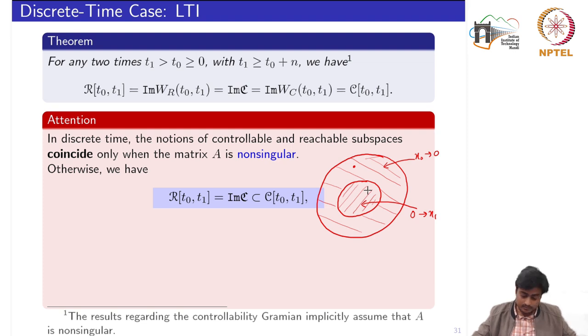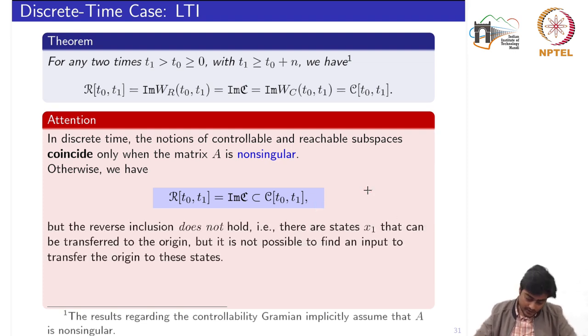This is the geometrical meaning. The reverse inclusion does not hold, because if it did, we would have the equal sign, as in the main result. So there are states x1 that can be transferred to the origin, but it is not possible to find an input to transfer the origin to these states.